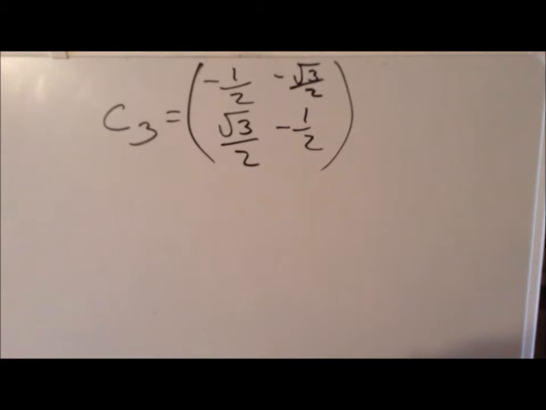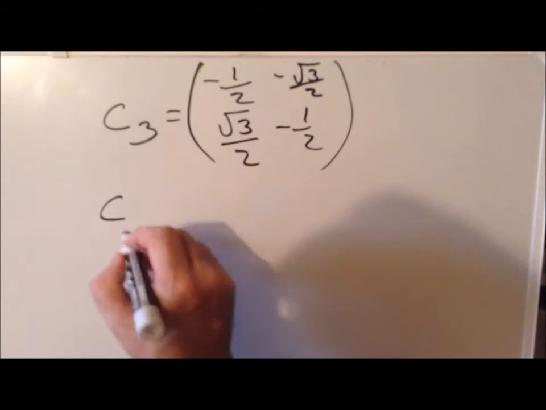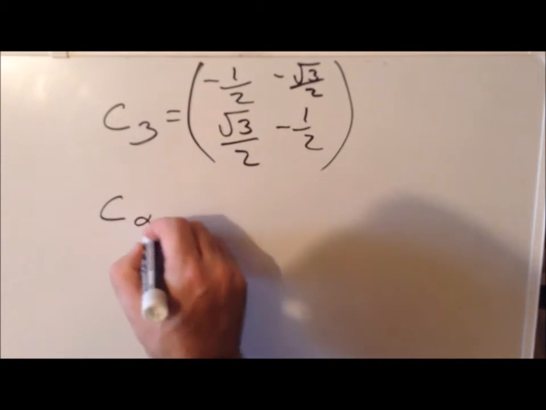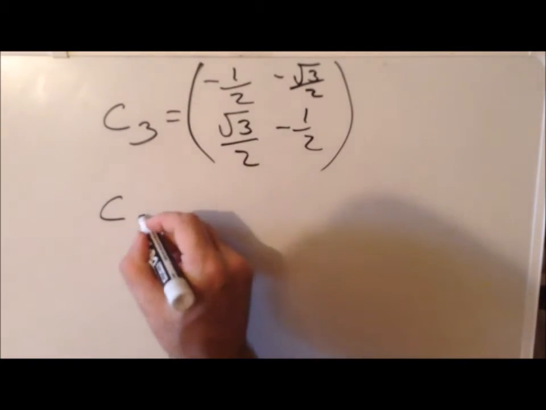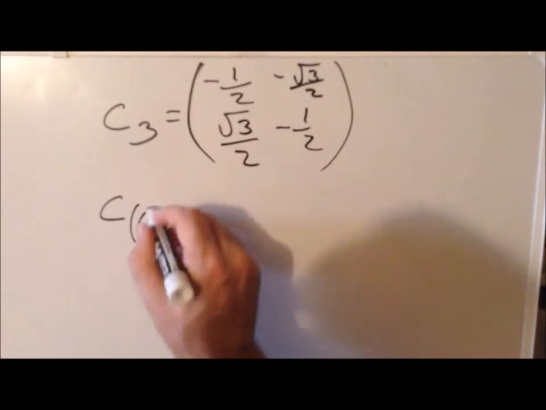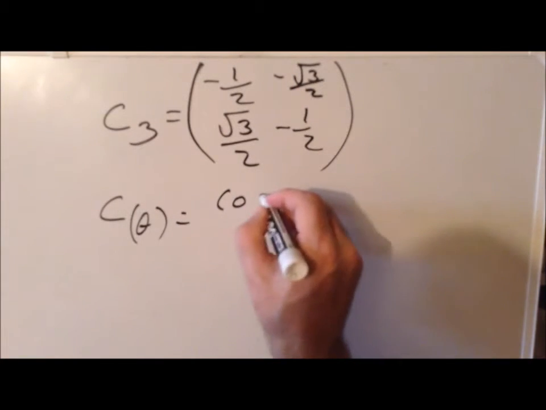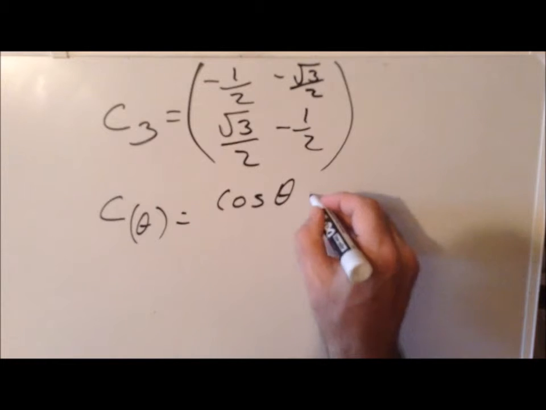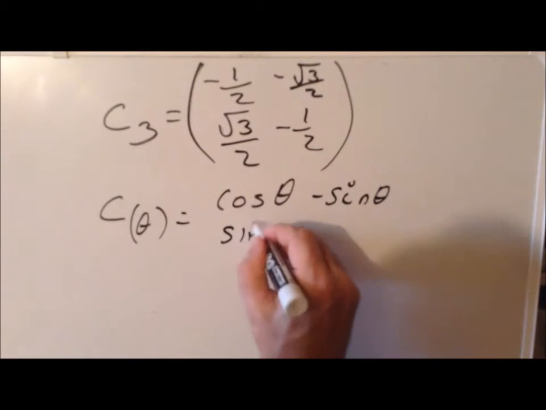Now, one thing I had mentioned before, we can look at in more detail here, is that if I put this for some generic angle, so we're just doing a proper rotation of some generic angle, we had noticed that we can write it as cosine theta, minus sine of theta, sine of theta, cosine of theta.